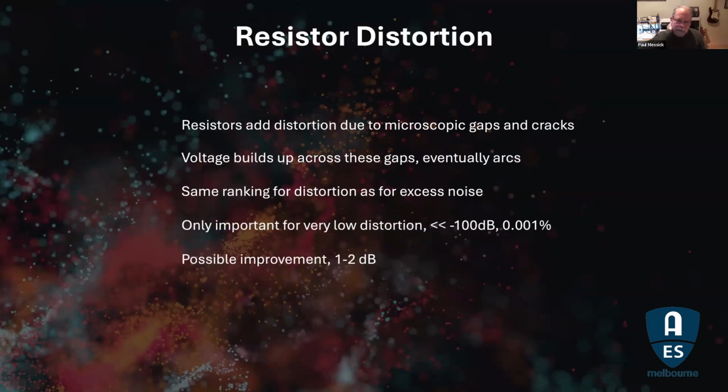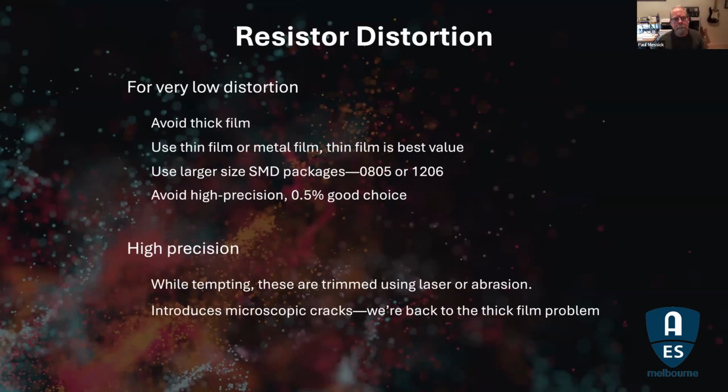The improvement that you might see is 1 or 2 dB. Really not a lot, but if you're trying to get the very lowest, best performance out of it, this can make a difference. So again, for very low distortion, avoid thick film, use thin or metal film.